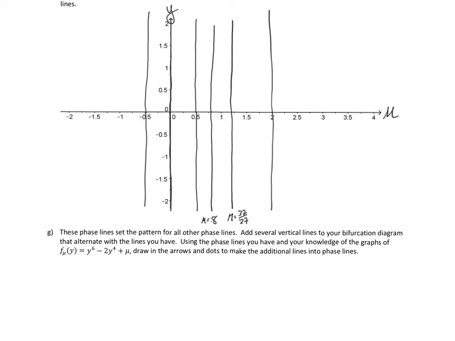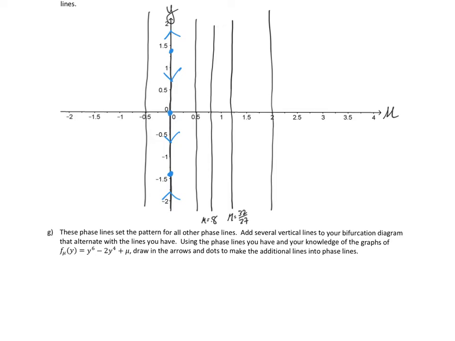Okay, so we already drew the phase line for 0. We did that way back. There were equilibrium points at 0 and square root 2 and negative square root 2. And then we had up, down, down, up.